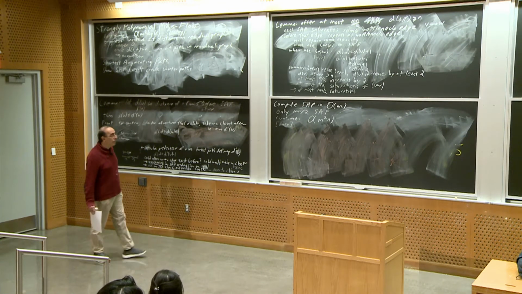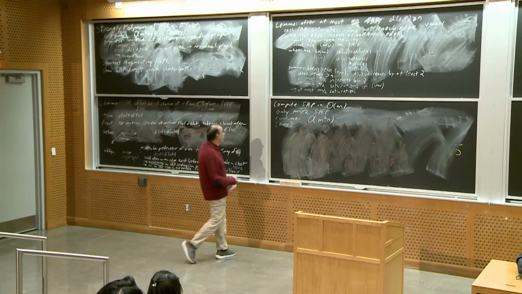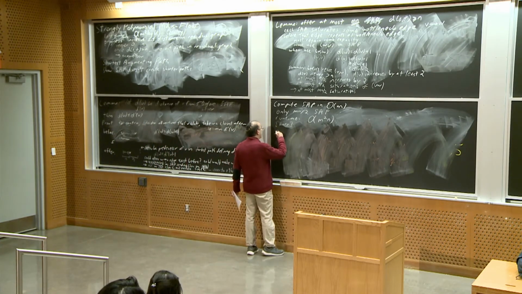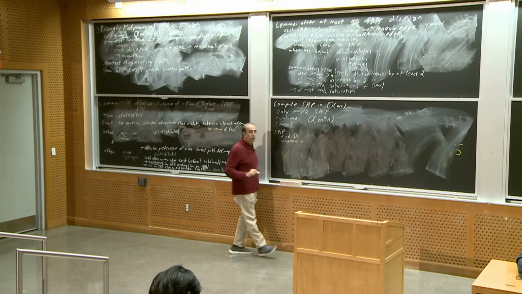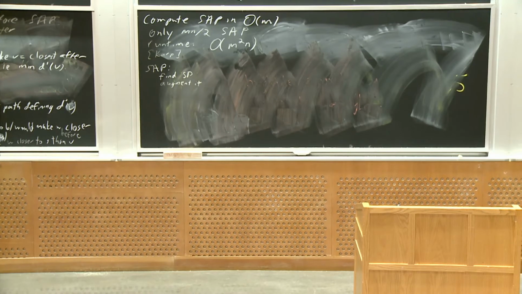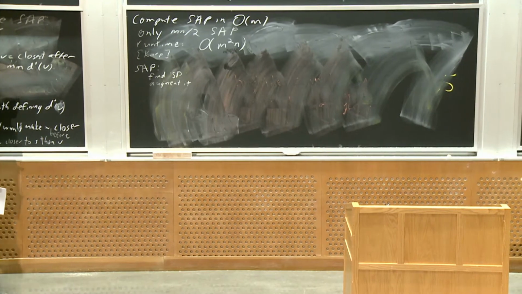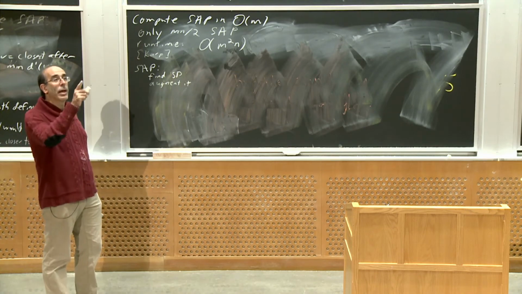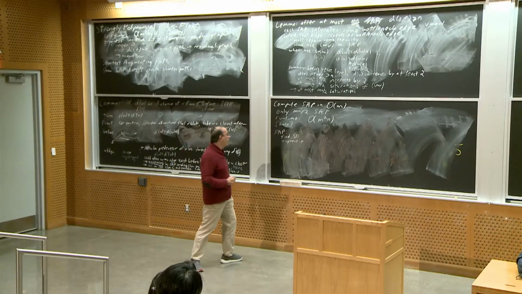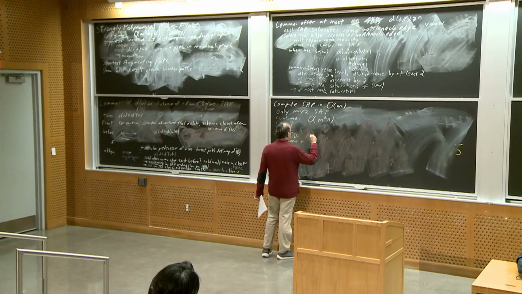Shortest augmenting paths has two main parts, right? We need to find the shortest path, and then we need to augment it. Now, how long does it take to find the shortest augmenting path? Yeah? That's order m, right? That's breadth first search.